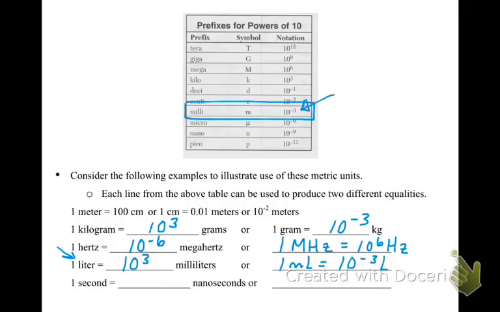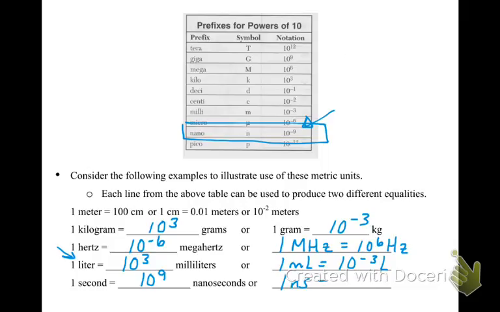Last but not least, we're talking about nanoseconds and seconds. We've got our 1 in front of our seconds, so our 1 is in front of our base unit. That means that we have to change our factor. So we've got 1 second equals 10 to the negative 9th nanoseconds, or 1 nanosecond is equal to 10 to the negative 9th.